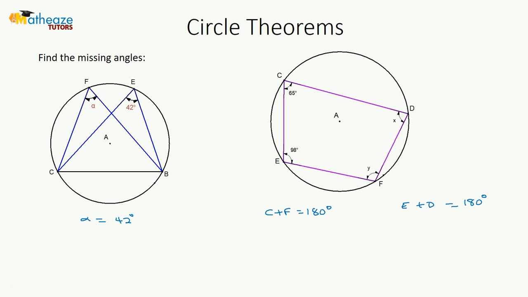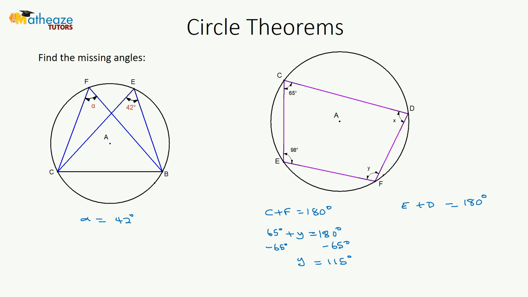So C is 65 degrees plus Y equal to 180 degrees. Let's subtract 65 degrees from both sides. So Y equal to 115 degrees.